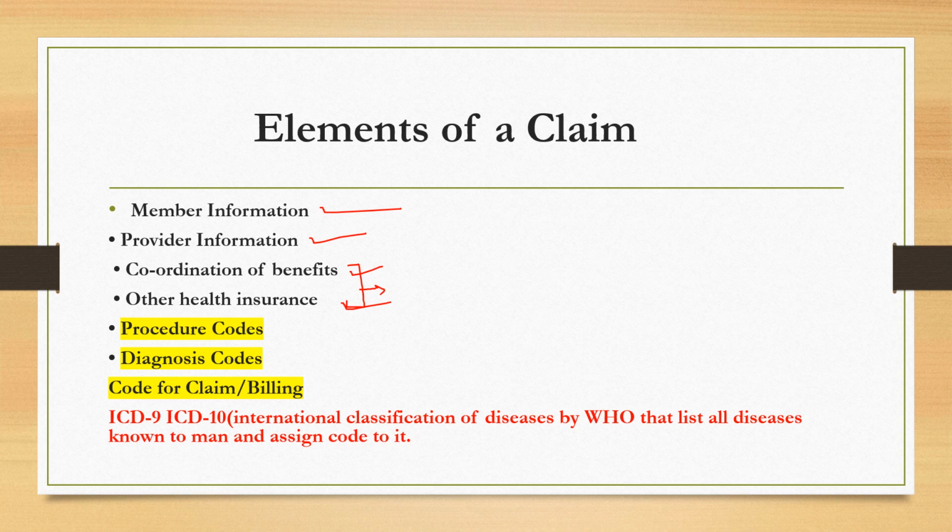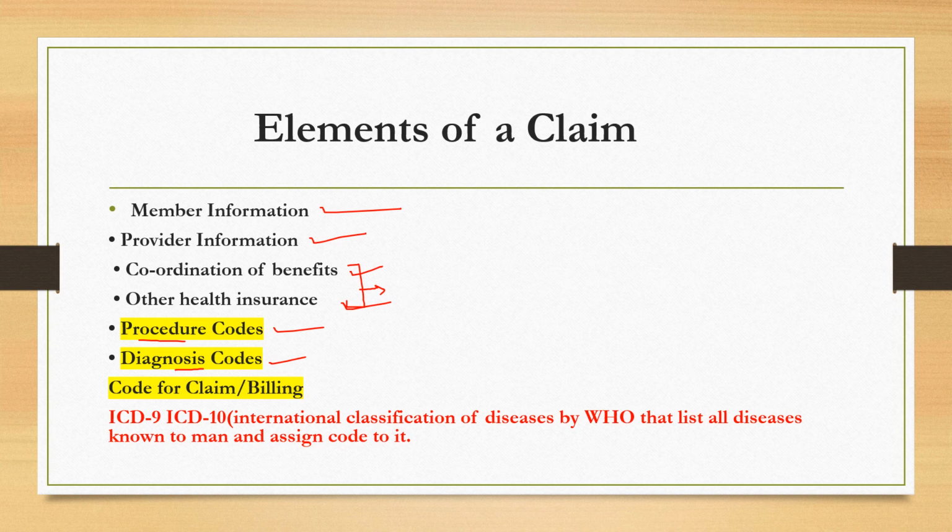Then there are procedure codes. If any procedure happens with the patient, then there are specific codes related to that. Diagnosis code, if a healthcare provider diagnosed something, there's a proper diagnosis code. So when they submit the claims, they put that code in there.